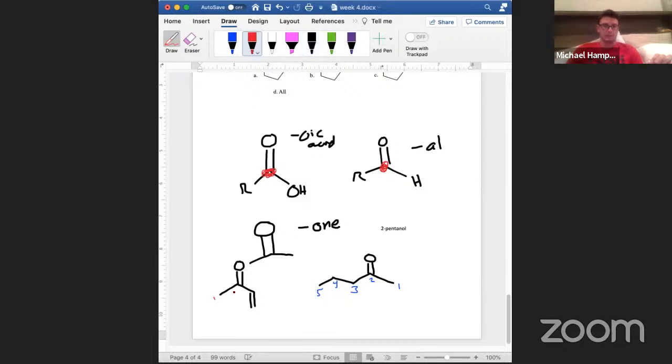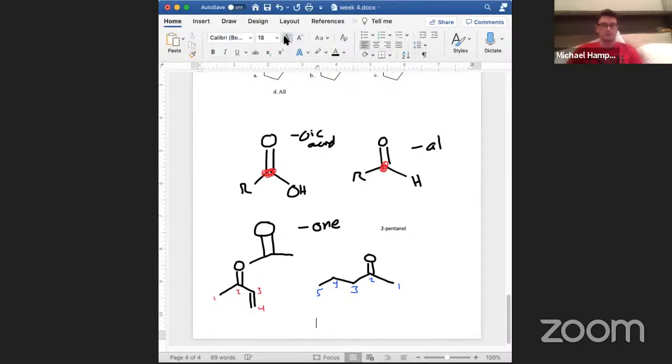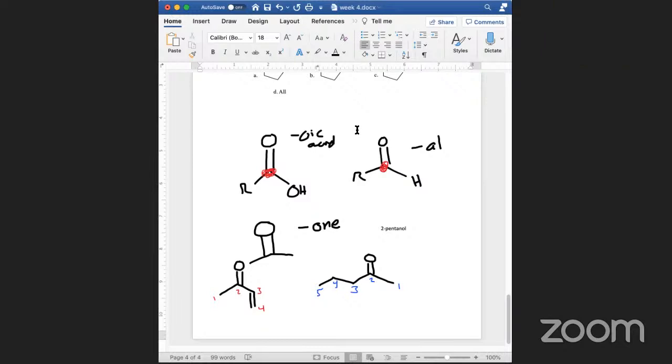So it'd be 1, 2, 3, 4. There are 4 carbons in this molecule, right? So it's a but-, but it's not a butane. What is it? Yeah. Butene.